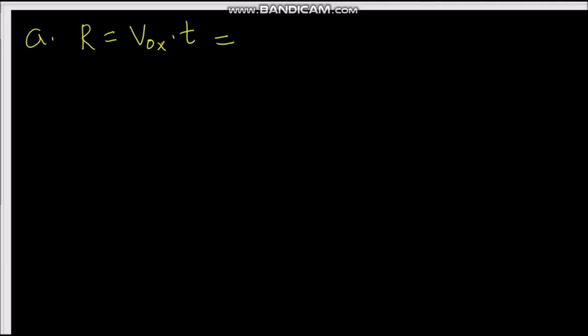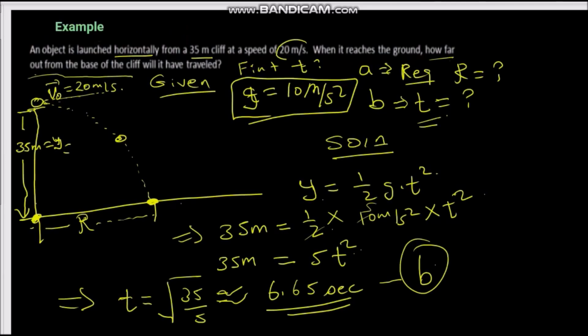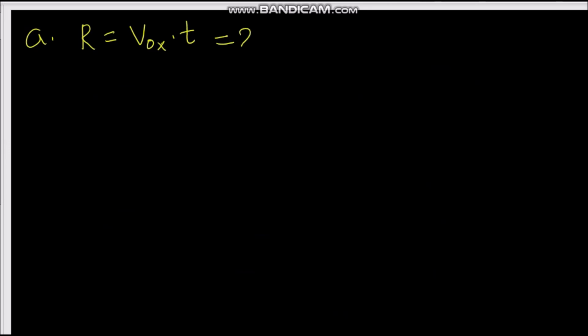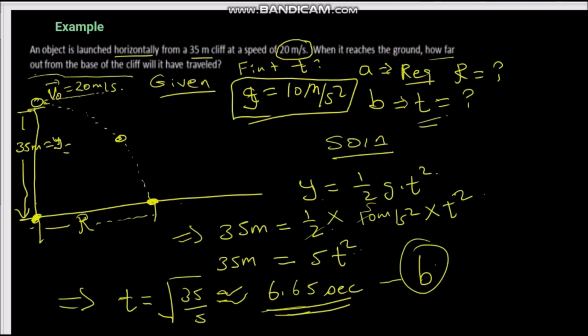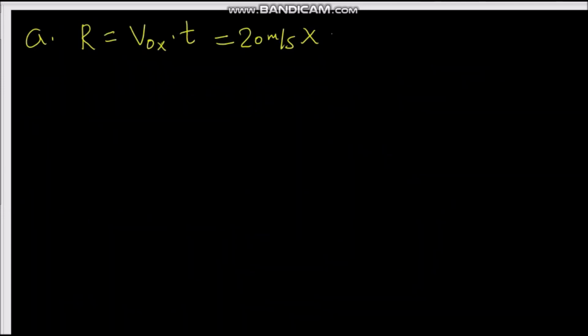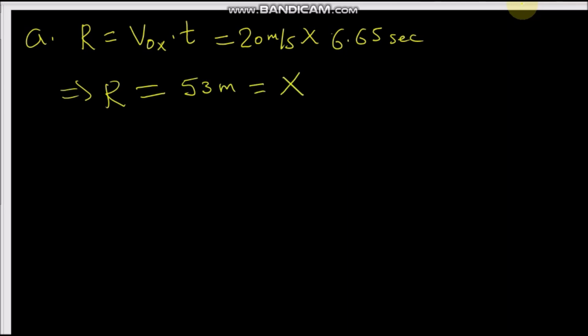V initial is 20 meters per second, it's already given. 20 meters per second times t, which we already calculated here, 6.65 seconds. The answer is R is equal to around 53 meters, which you can also say is x, the horizontal displacement.